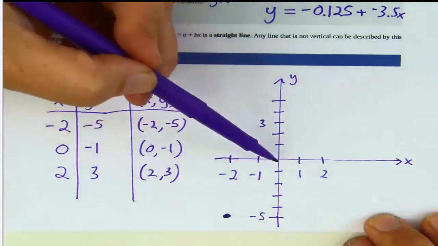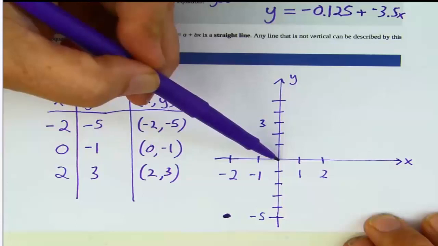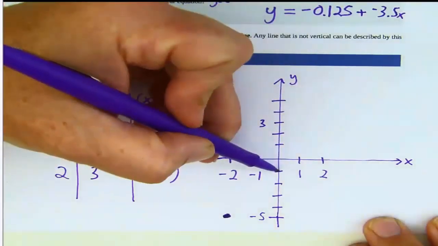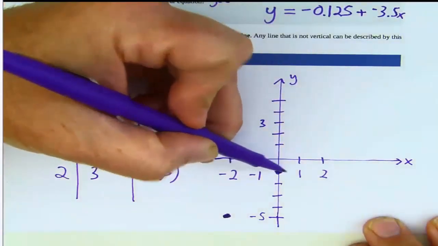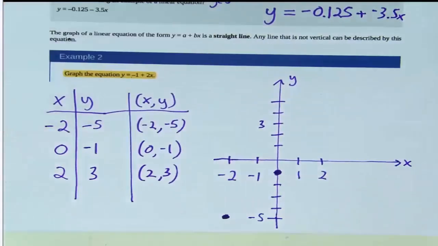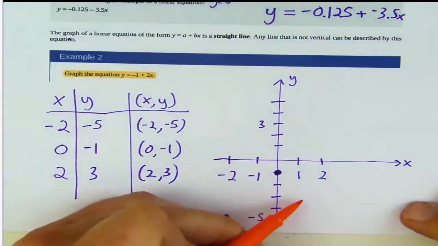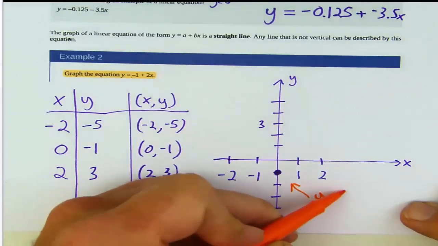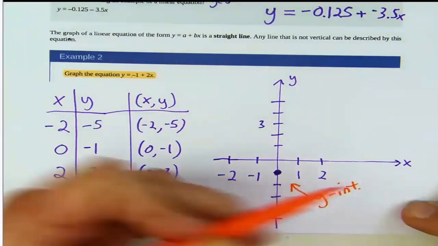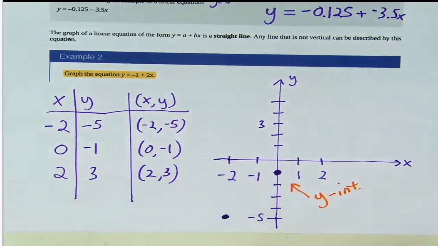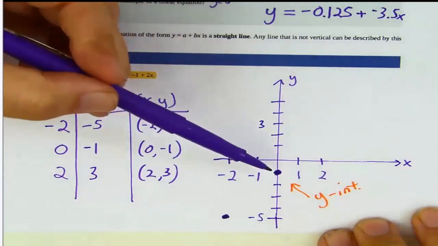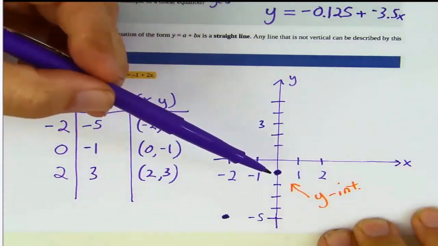So from the origin, I travel 0 steps in the x direction, and I'm going to travel 1 step down in the y direction, so that places me right here along the y-axis. And of course, that's the location of the y-intercept for the equation, or for the line. That's the point at which the equation intersects the y-axis.